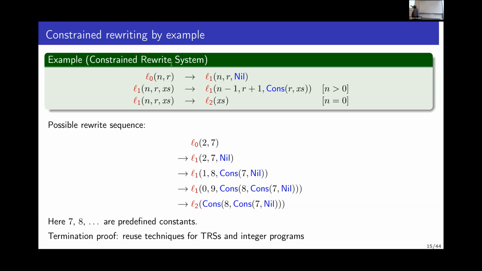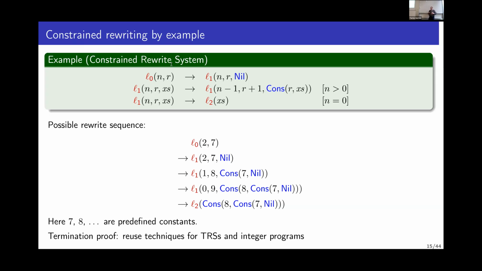So here we can take the perspective of thinking about integers. Which rules are harmful? Well, the first one, L0 goes to L1. We can do that only once, and then no more L0, so that's harmless. The third one is also harmless. L1 goes to L2, and then we're stuck at L2. But the second one, the recursive rule, here something would need to happen that can only happen finitely often. So n goes to n minus 1, n is decreasing. And if it's just a decrease, that can again go on infinitely often.